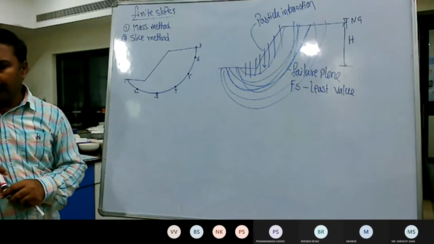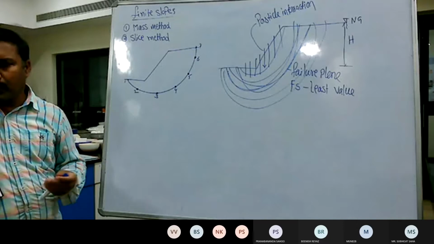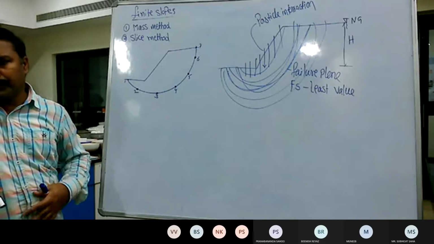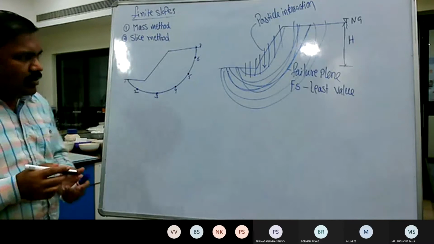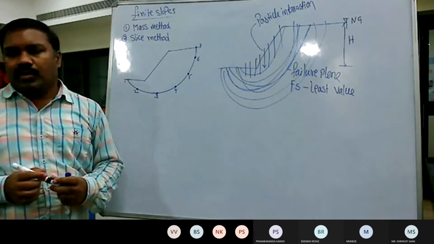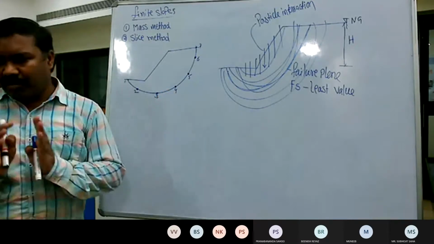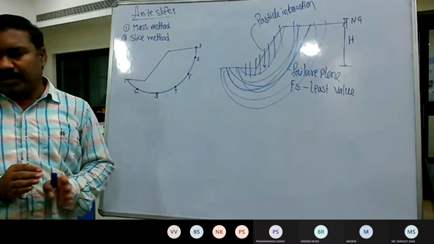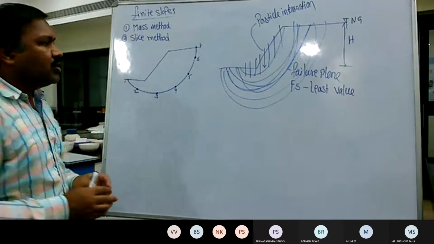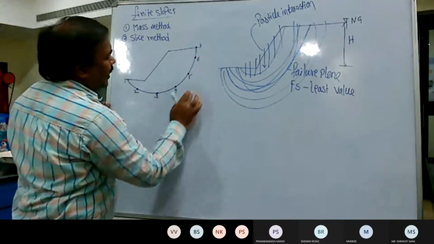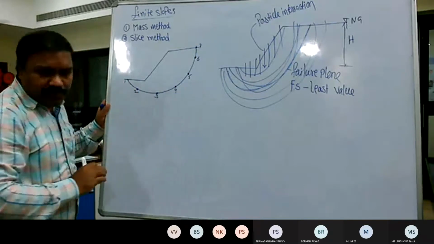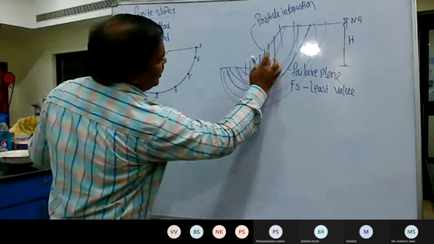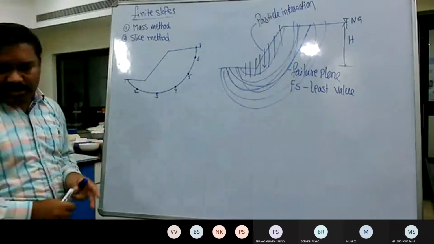We cannot say where the failure will be triggered. So it can happen at any point from 1 to 7 here, and that is the disadvantage when you consider the mass method.